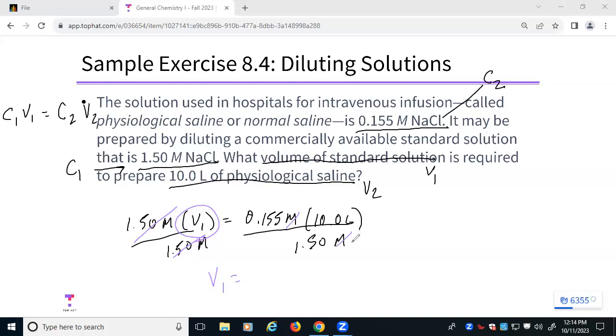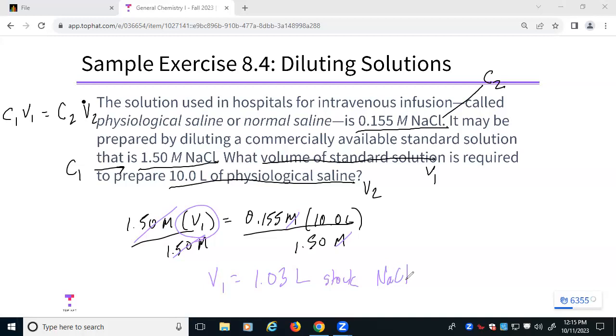I'm left with liters. And so I do the calculations here. 0.155 times 10.0 divided by 1.5 to 3 significant figures will give me 1.03 liters of the stock saline solution.